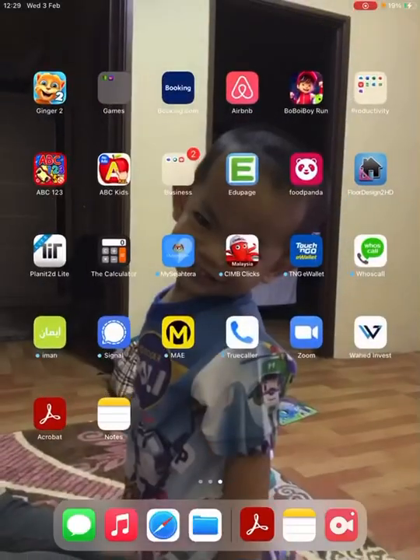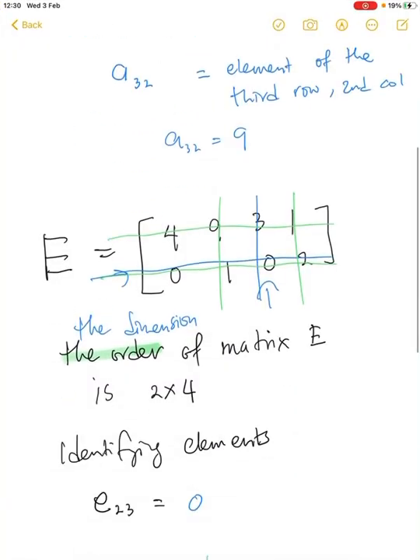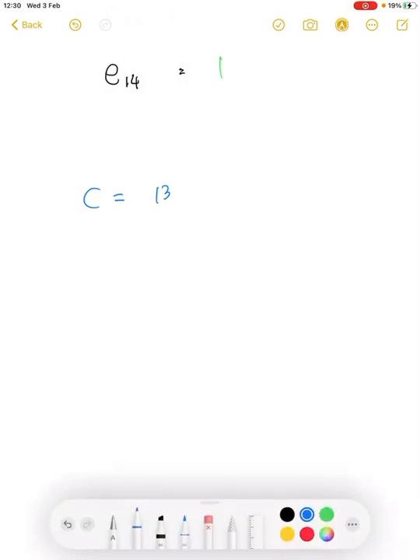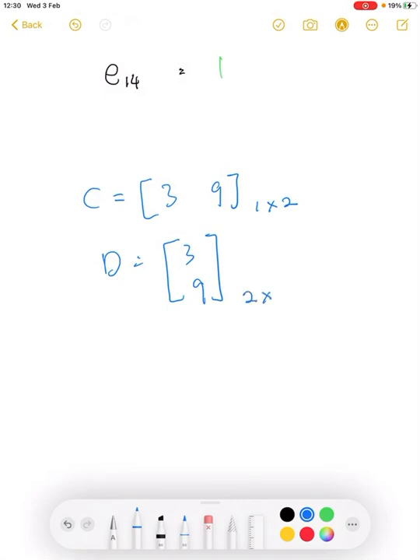So let's look here. Matrix C we have 3 9. Matrix D we have 3 9. One is a matrix of order 1 by 2, and the other is a matrix of order 2 by 1.